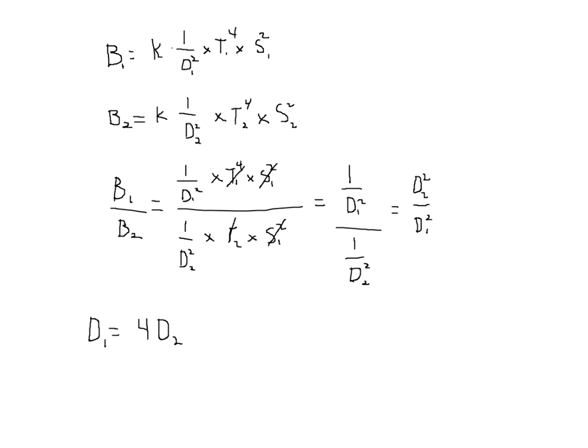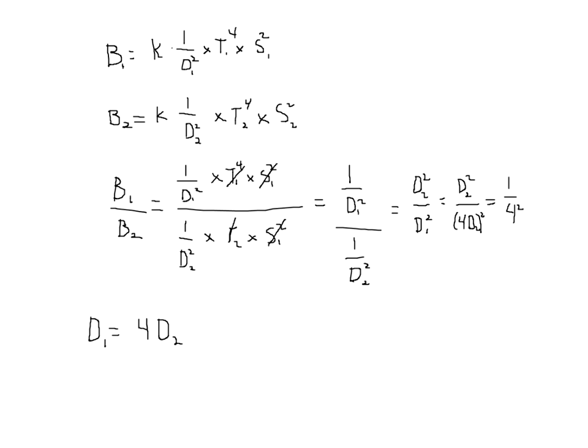Now, since D1 was 4 times further than D2, we can substitute that in here. We'll have D2 squared down here, it will be 4 times D2, and the whole thing is squared. So now the D2 squareds cancel, and you're left with 1 all over 4 squared.